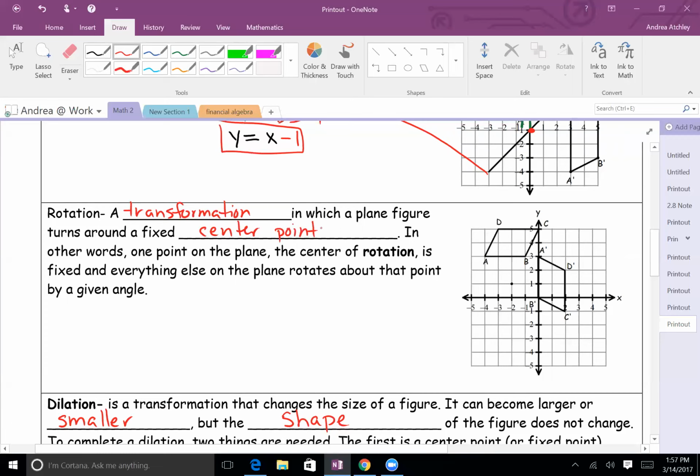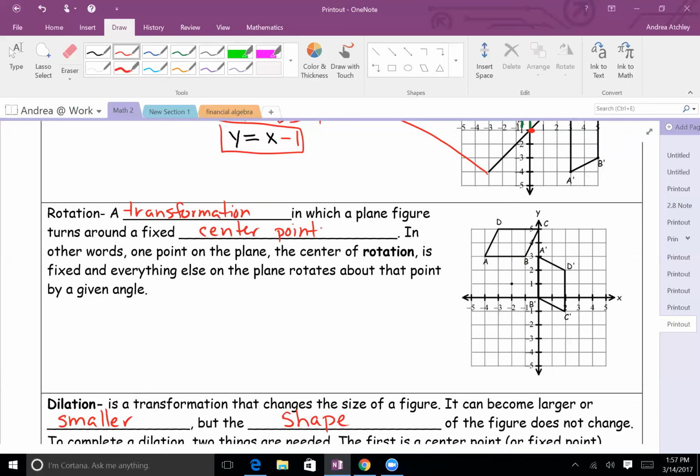In other words, one point on the plane, the center of rotation, is fixed, and everything else on the plane rotates about that point by a given angle in a clockwise or counterclockwise direction.